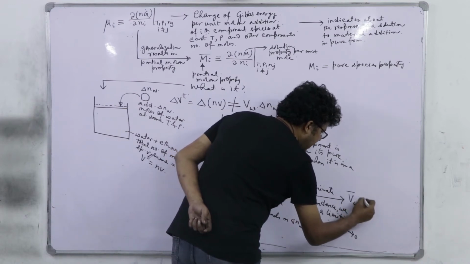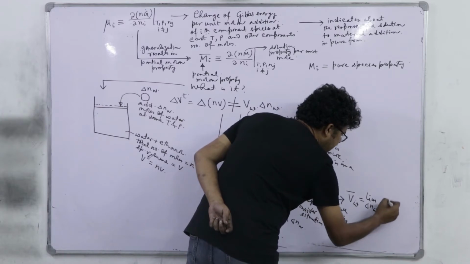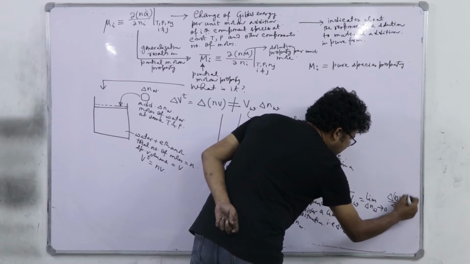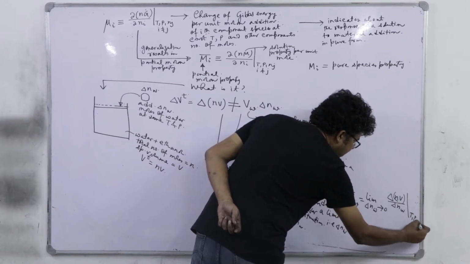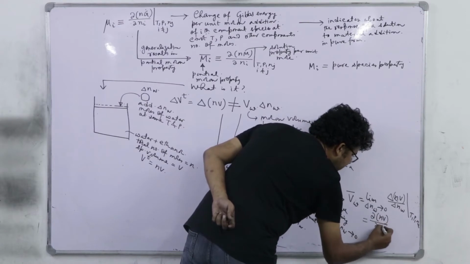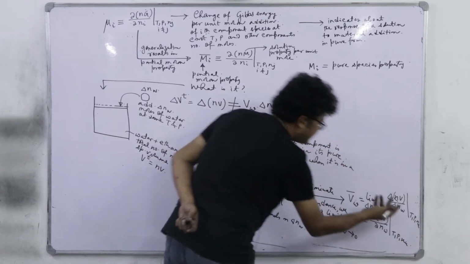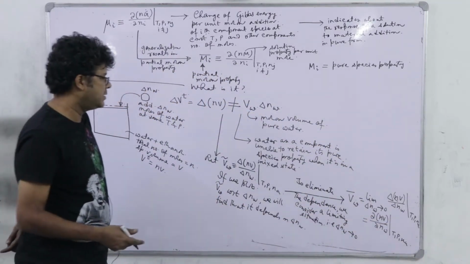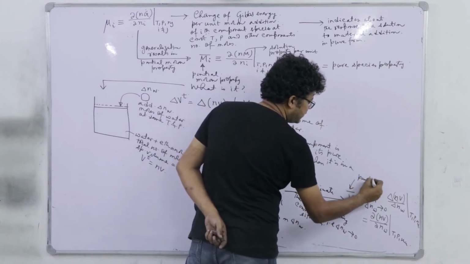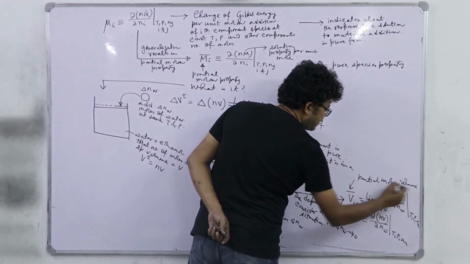And we get the partial molar property at the limit delta N w tending to 0, delta of N V by delta of N w at constant T, P, N a, and that gives rise to d of N V by d N w at constant T, P, N a. So, that is nothing but the partial molar property, right. So, this is the partial molar volume of water.